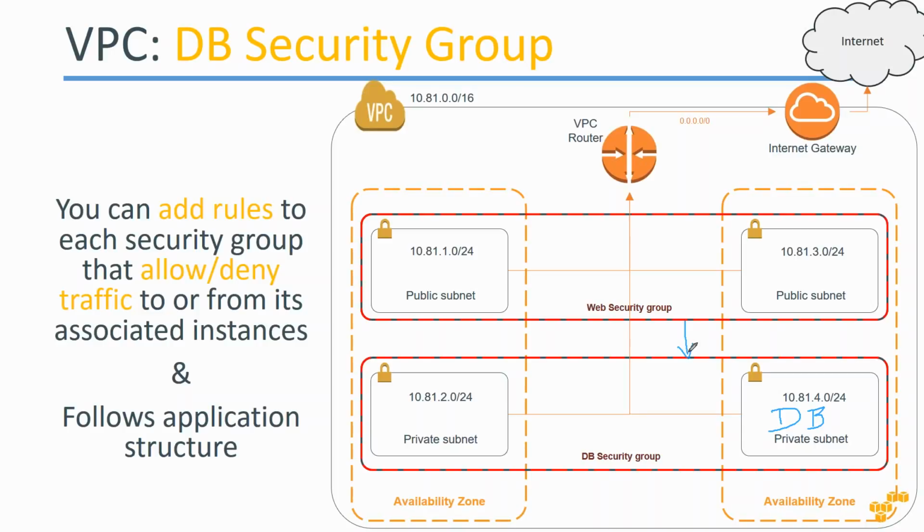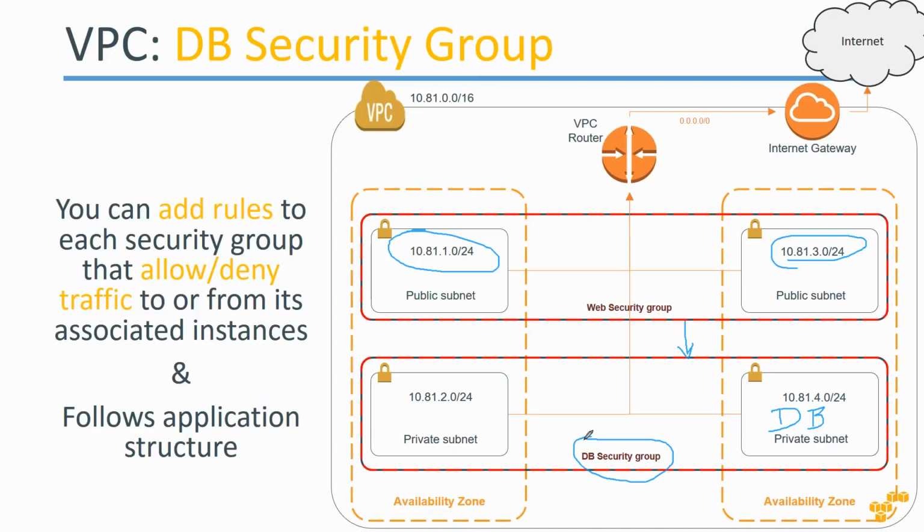So when I set up a rule like this, automatically my database is not going to accept connections from the internet, and it's not going to accept connections from any other VPC. It is not going to get connections from any other IP address unless those IP addresses are from this range, and from this range my security group at DB level will reject all the traffic.